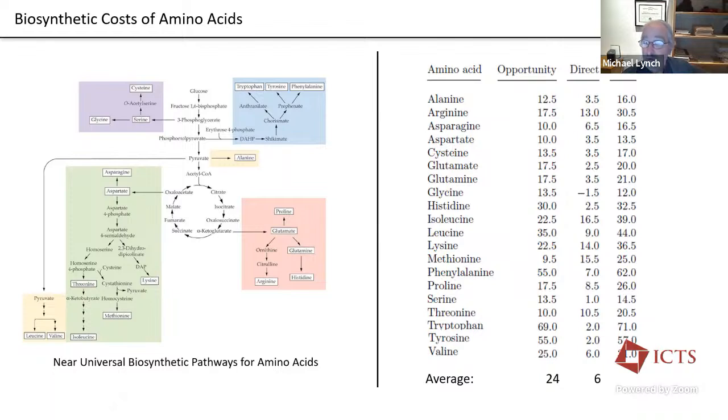So there's a real difference in the cost of biosynthesis of different amino acids, which will raise the question, and we'll try to answer that. Is there a priority in different organisms of utilizing different amino acids in the protein based on their energetic cost?